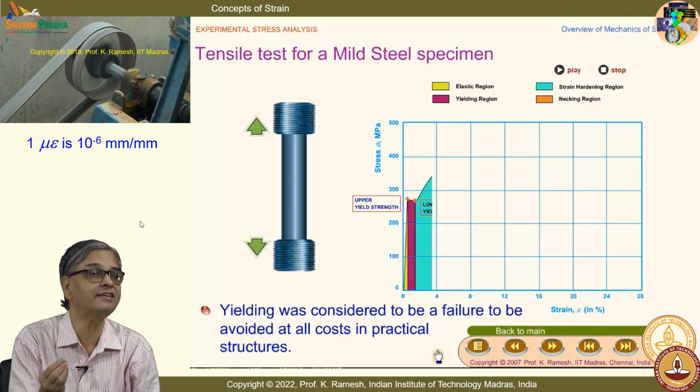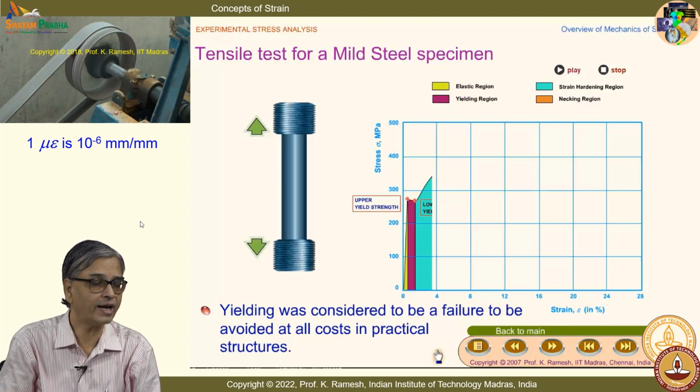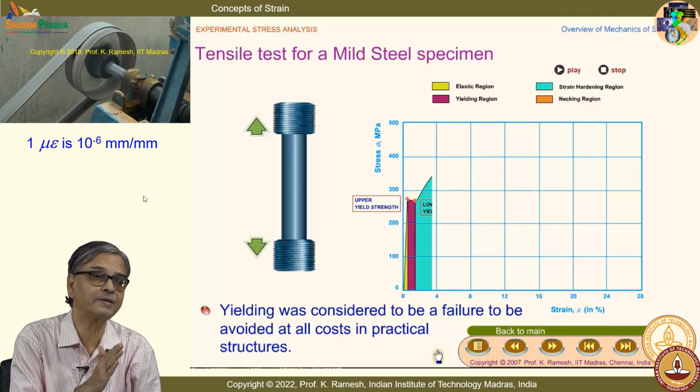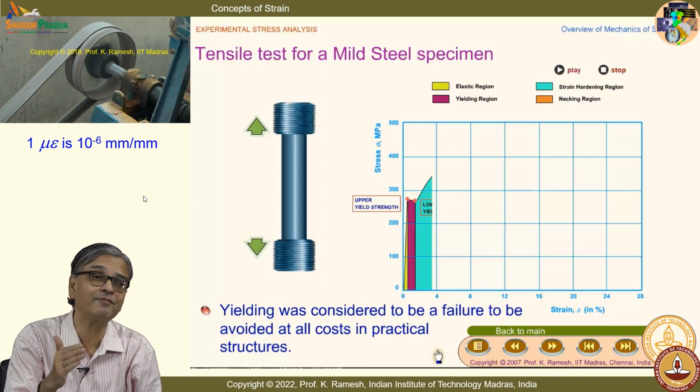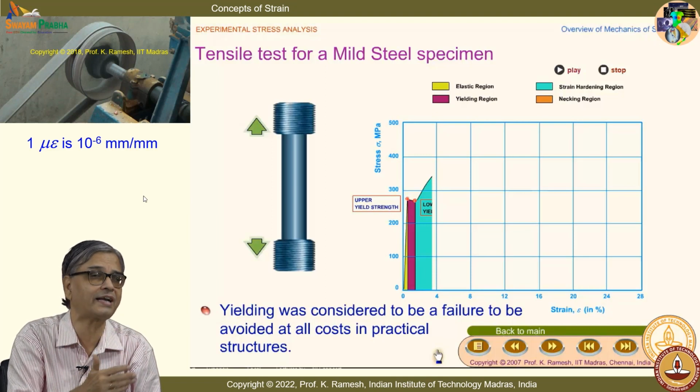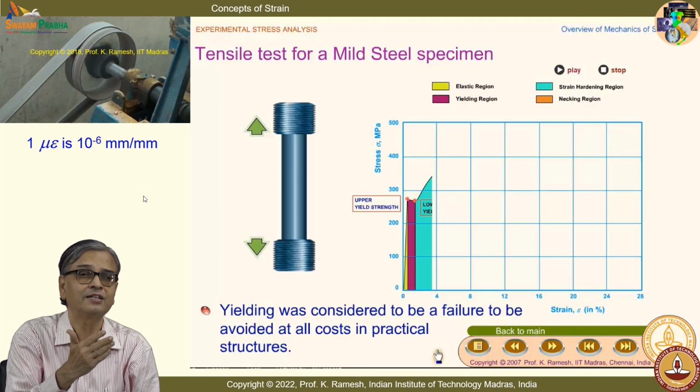0.1% translates, in terms of micro strain, which is defined as 10 power minus 6 millimeter per millimeter, to 1000 micro strain. 1000 micro strain is the maximum level of strain permissible in most practical structures. You never touch 1000 micro strain.